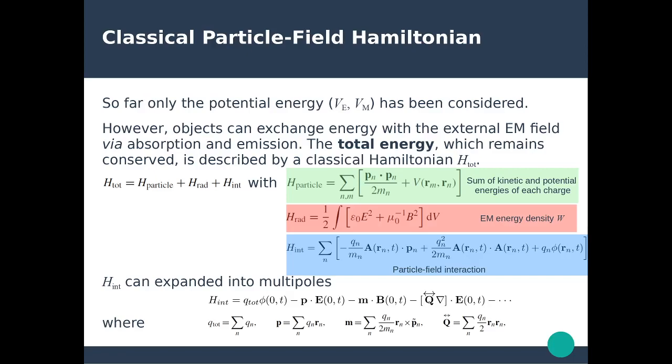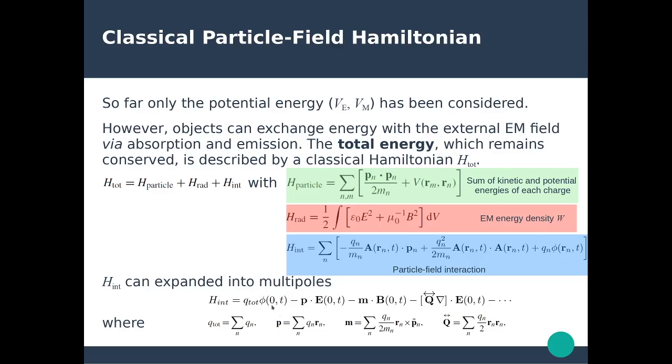We're not going to do the technical details here, but you can expand that into a series of multipoles. So you have multiple terms. The first one is just the total charge of the distribution interacting with the electric potential at the center of the charge distribution.